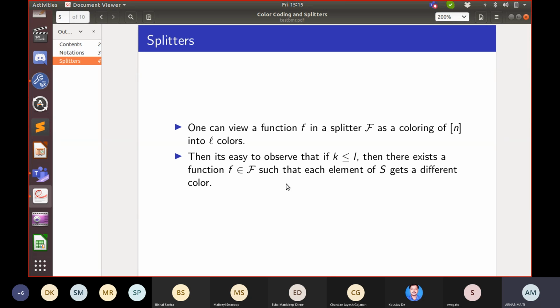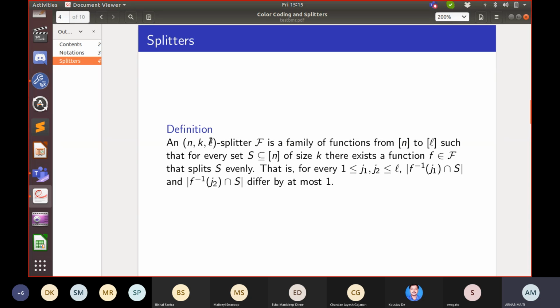So in simple terms, if L is greater than K, and you consider these functions as some coloring, there is a set of objects 1 to n, and you are coloring using L colors: color 1, color 2, color 3, and so on.